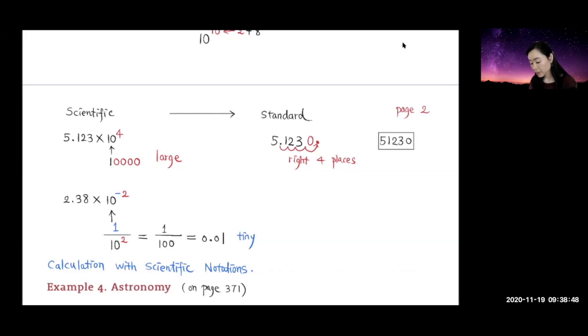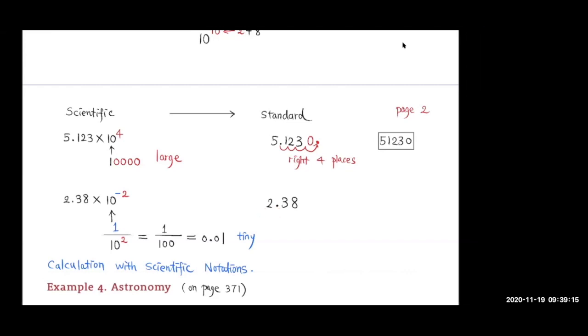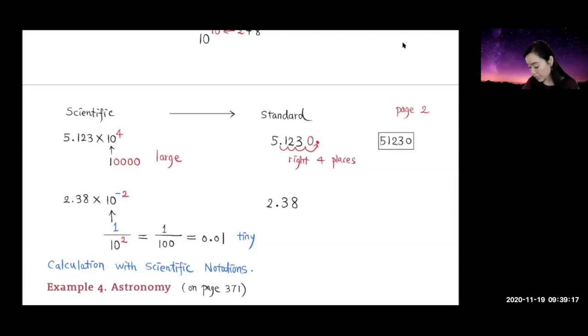So when this number is multiplied by this tiny number, it's going to make the result smaller than the one that you start with, right? So I'm going to move the decimal point. You have 2.38 before. To make the result smaller, do you move the decimal point to the left or to the right? To the left. So you move it to the left 2 places because this is 2.